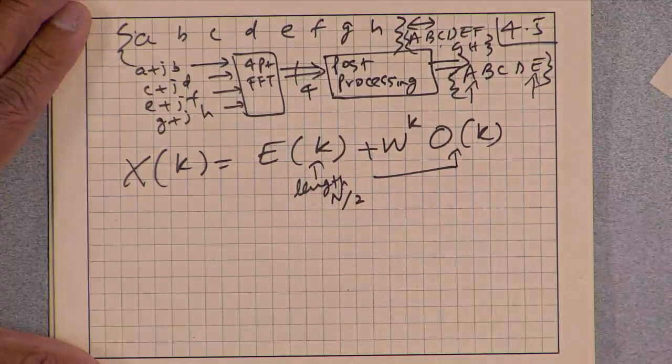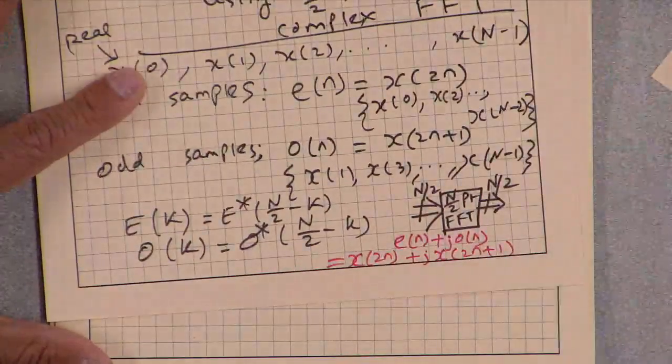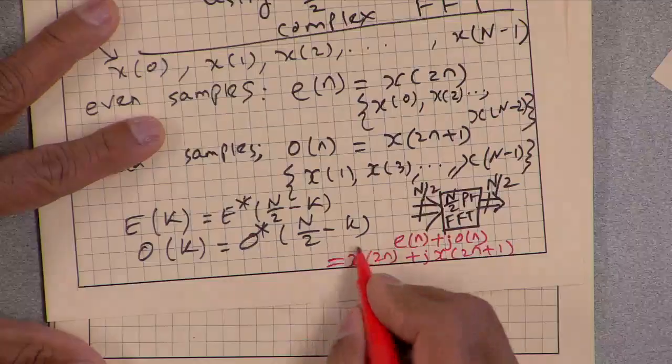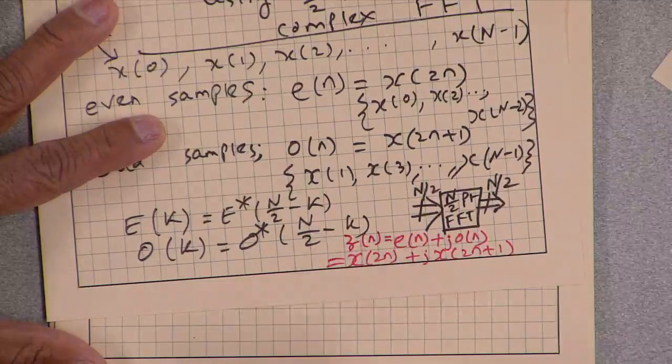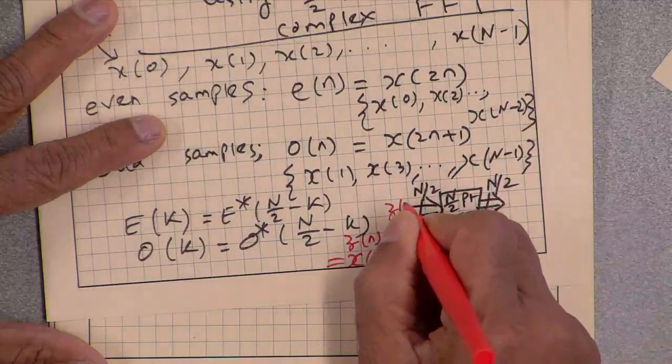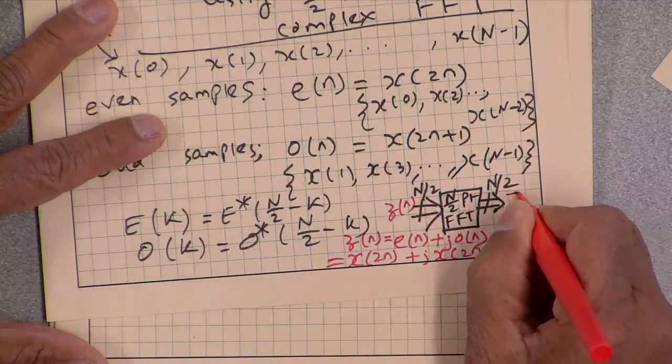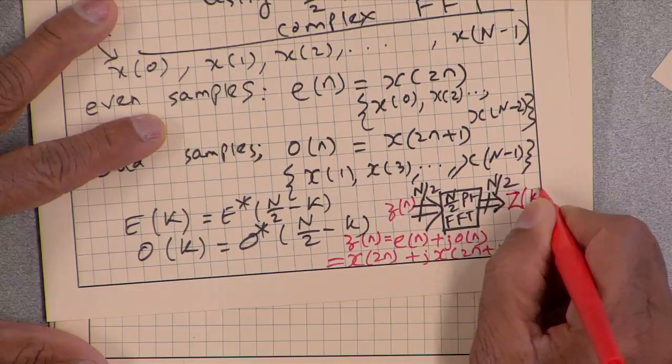Let's call this one here Zn is equal to that. So this is Zn and this is Zk.